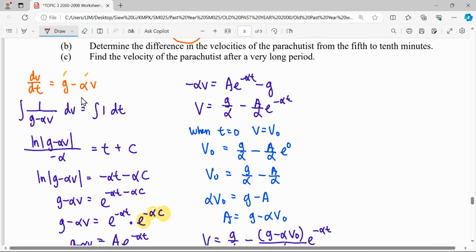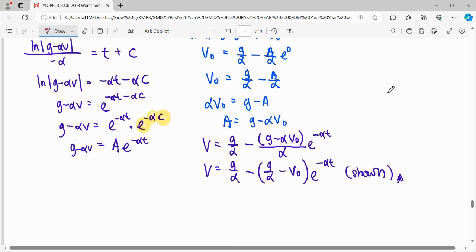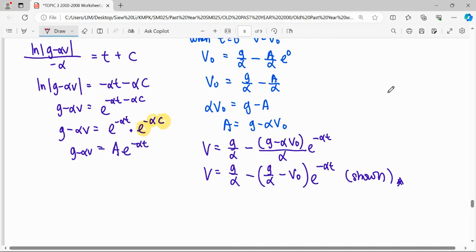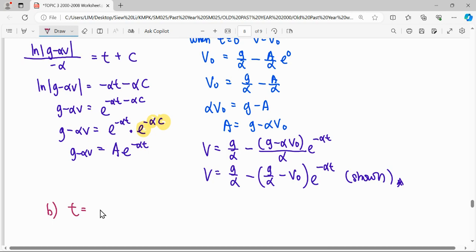Then for question B, find the difference in velocity of the parachutist from the fifth to the 10th minute. By using the solution given, you need to find your velocity when t equals 5 and t equals 10. Find out the v here.